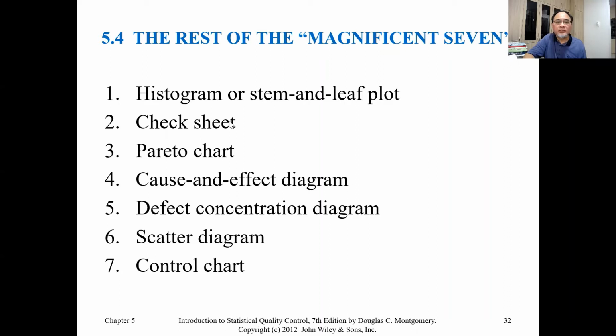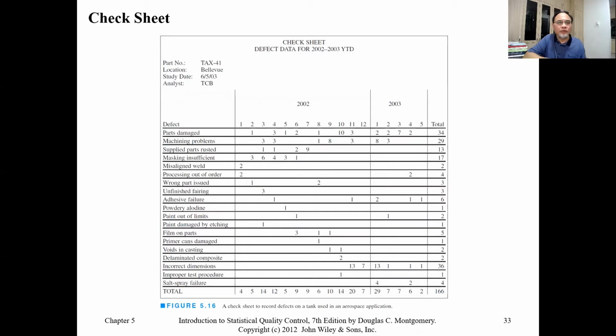So the rest of the magnificent 7: histogram, check sheet, Pareto, cause and effect diagram. I think many of you probably have some knowledge of this and have seen it before. But for those who are new, you probably need to read up and see what the texts have actually explained about this.